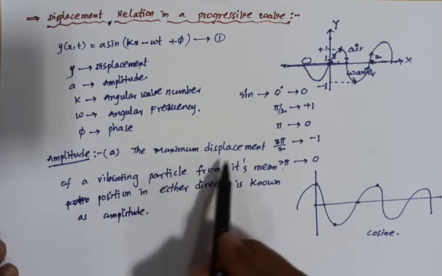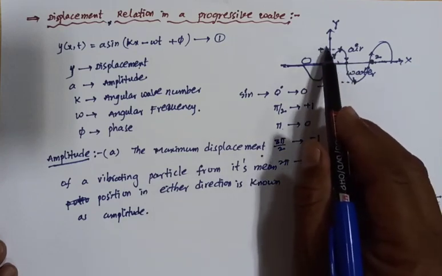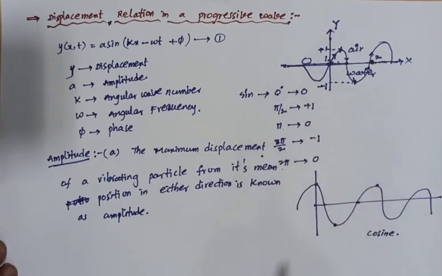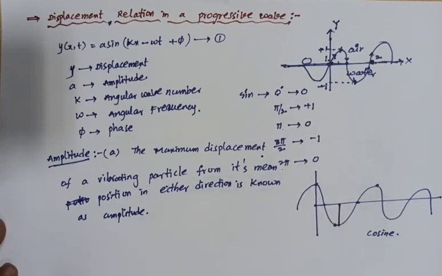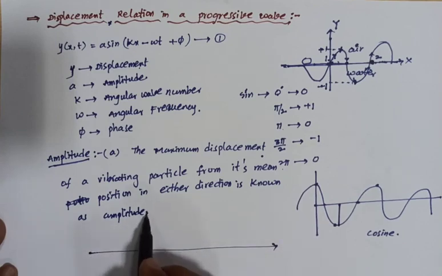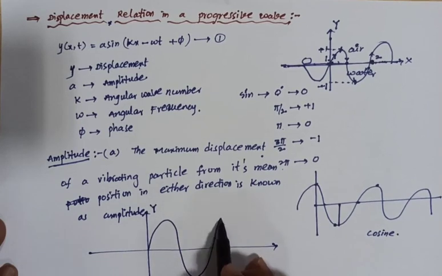Okay, the maximum displacement here, what is the maximum displacement? So plus 1 and minus 1. In this wave, for example, this is the x direction and this is the y direction. The wave is like that, a transverse wave.